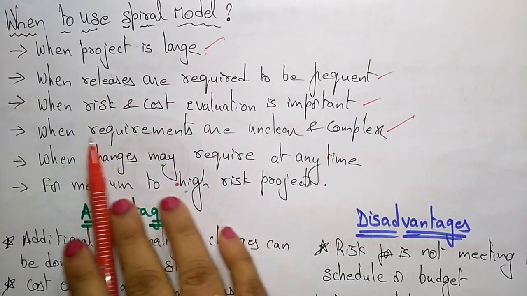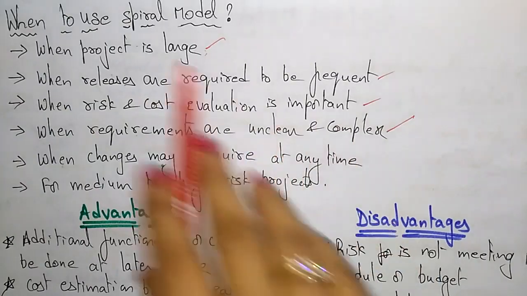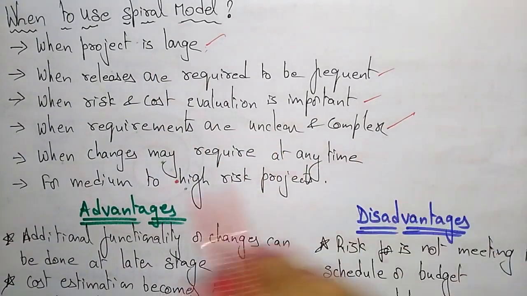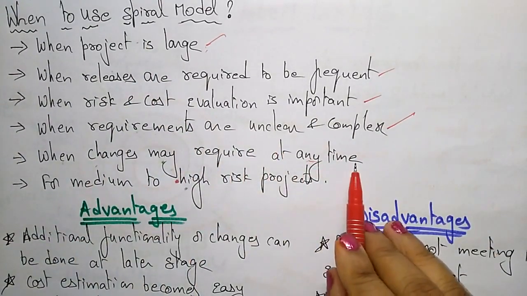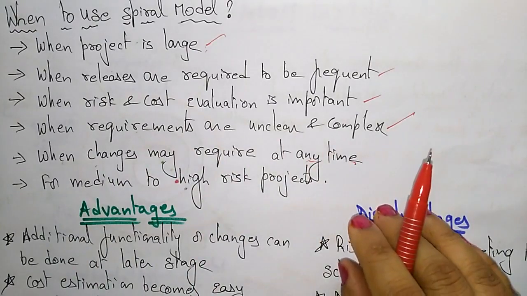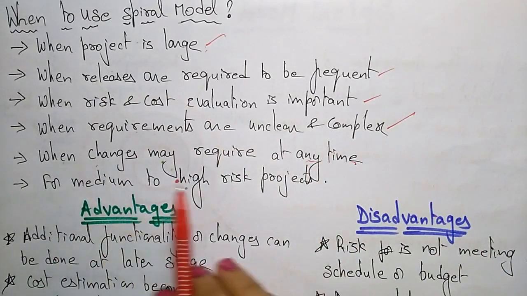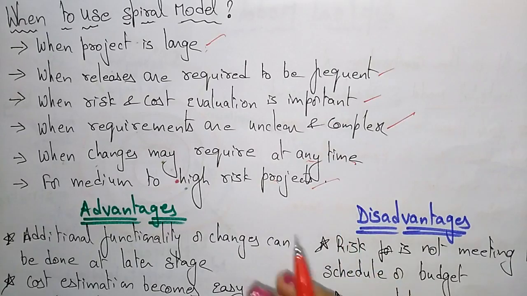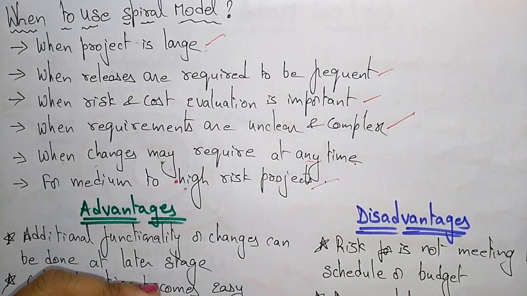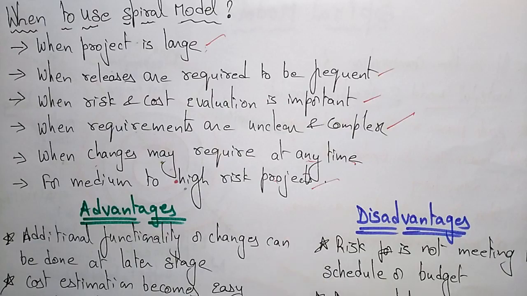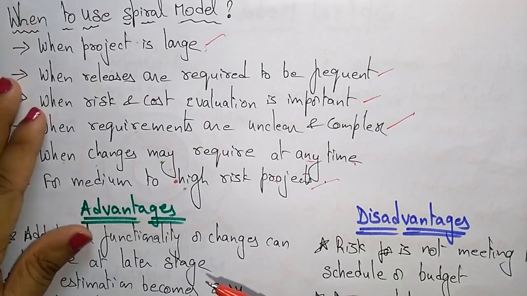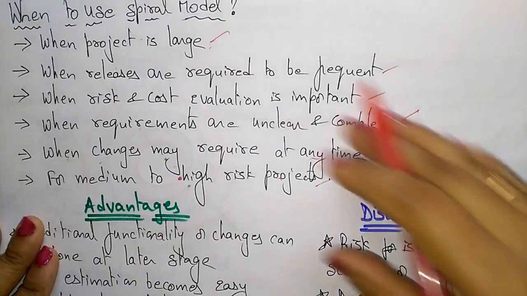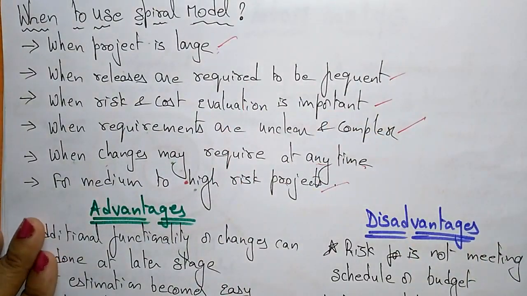When changes may be required at any time, go for the spiral model. For medium to high risk projects, when you are adding features to a medium project and it becomes a high risk project, then you can prefer the spiral model. So in these cases we will go for the spiral model.